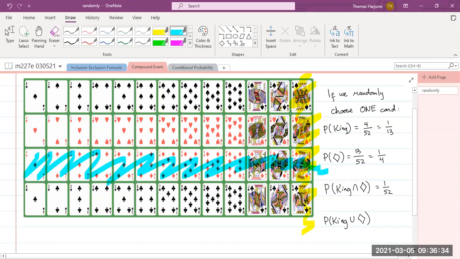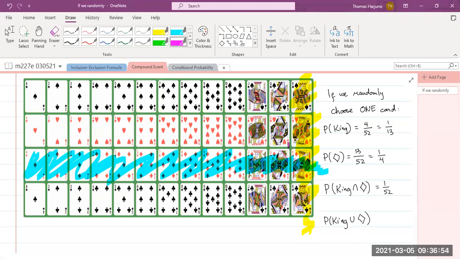Okay, king or diamond. Now you see that there are 16 such cards. However, if we count the yellow ones first, there are 4 such cards. If we count the blue ones, there are 13 such cards. The sum is 17.